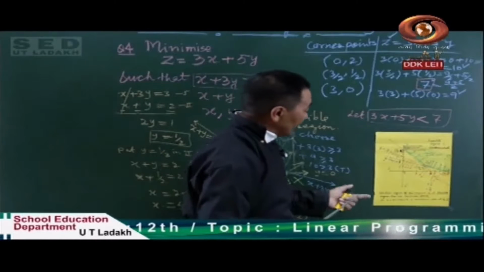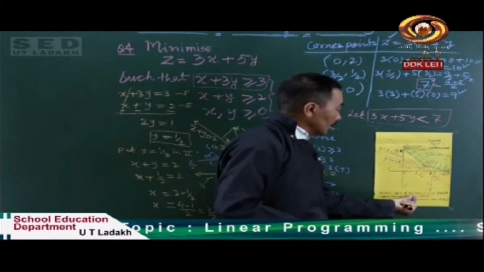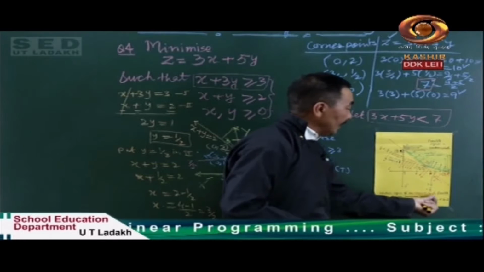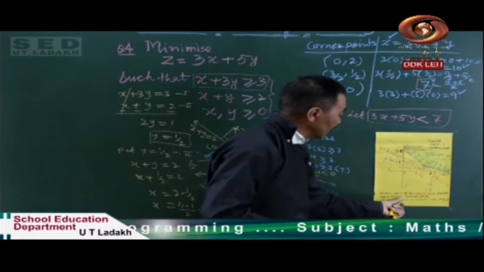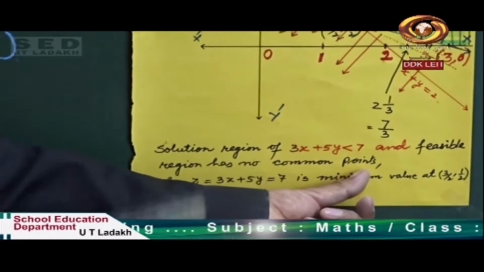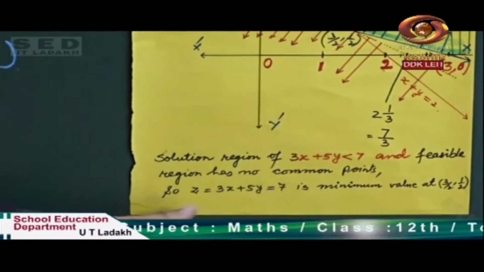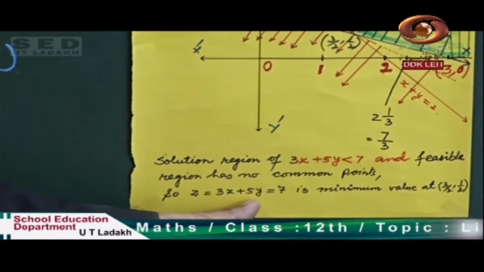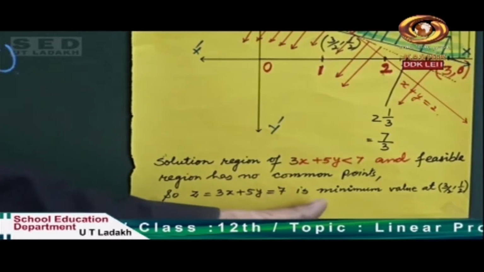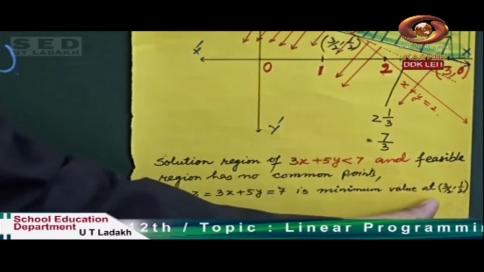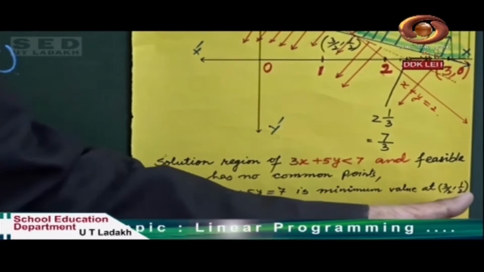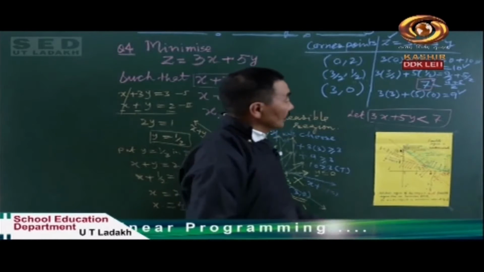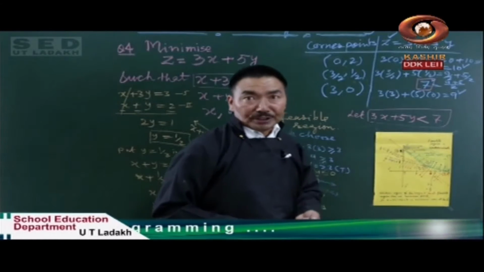So we can say that the solution region of 3x plus 5y less than 7 and the feasible region have no common points. So z equal to 3x plus 5y equal to 7 is the minimum value at 3 upon 2 and 1 upon 2. And this is the case of an unbounded region.